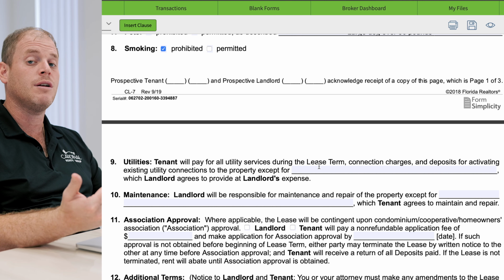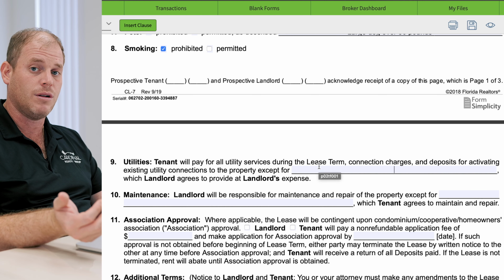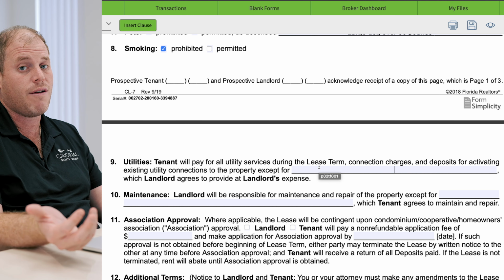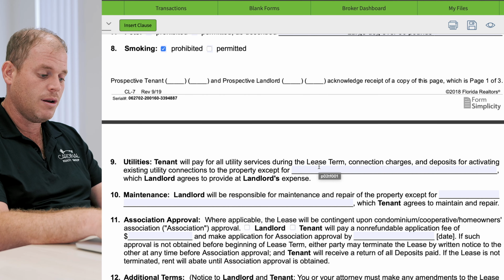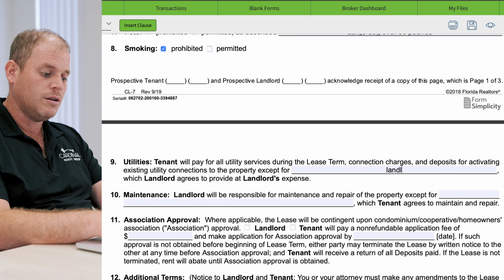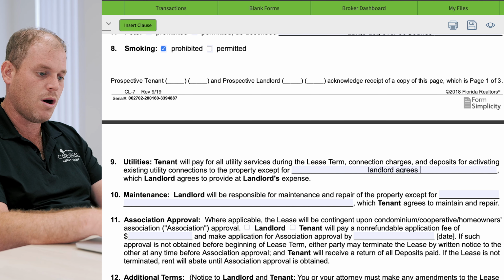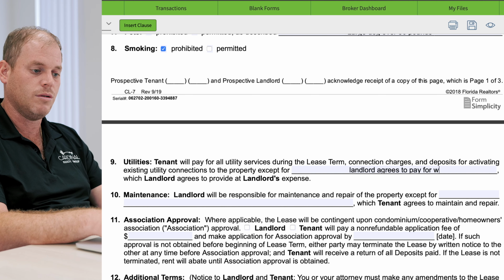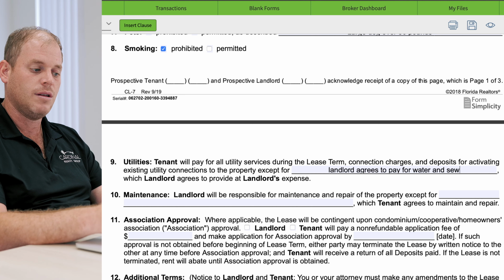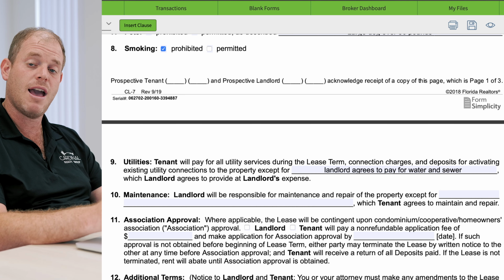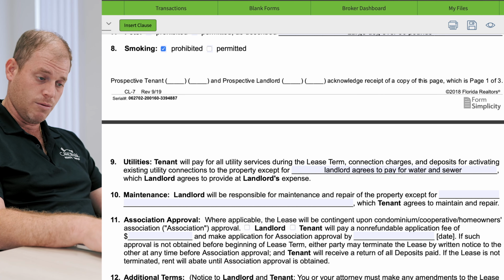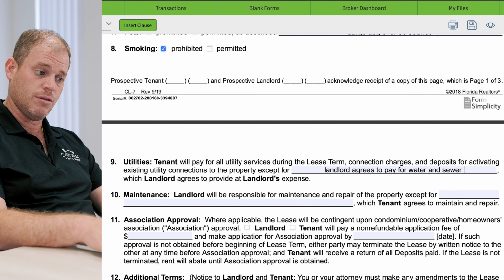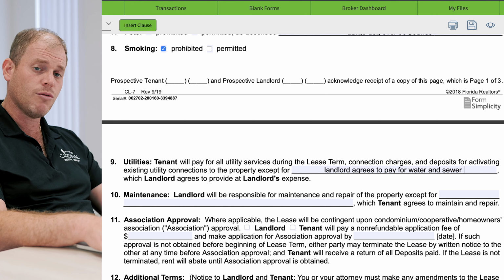So if there was something here that was going to be the responsibility of the landlord, like let's say you agreed that landlord would pay for water, then you would say except for, and you would put landlord agrees to pay for water and sewer, right? Because that's the agreement that we may have made with this specific landlord. This is very situational. So just know that that's where that goes, okay? I'm going to erase this.